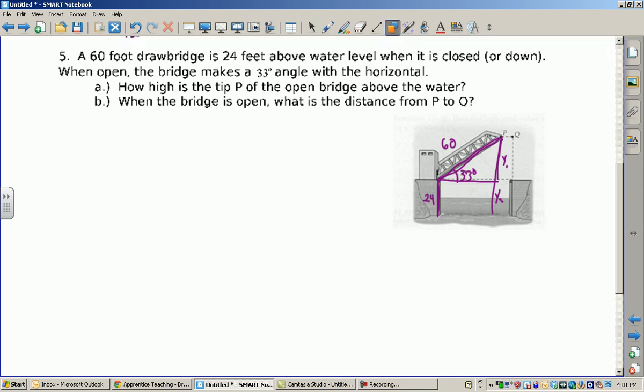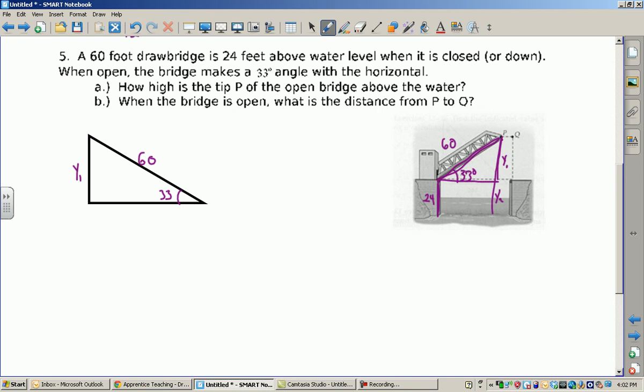Our angle of elevation is 33 degrees, and we know the hypotenuse, or the length of the drawbridge, to be 60 feet. Now we need to figure out what trig identity we're going to use to find y1.